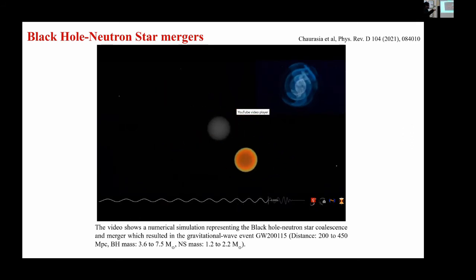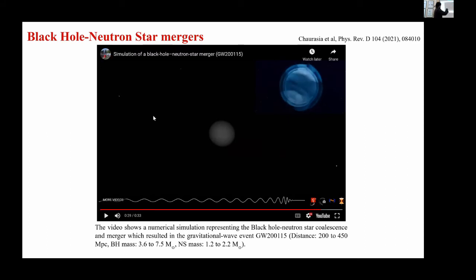And then we see that most of the neutron star is swallowed whole by the black hole. So here we don't see any accretion disk being formed, or any ejecta being emitted from this system. This is also in accordance with what was detected, with no detection of an electromagnetic signature from such a system.